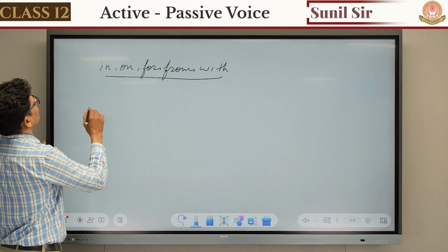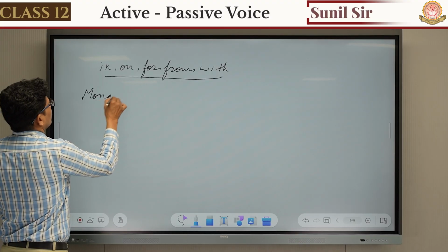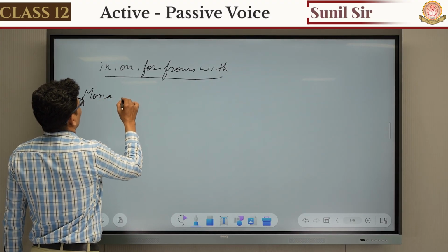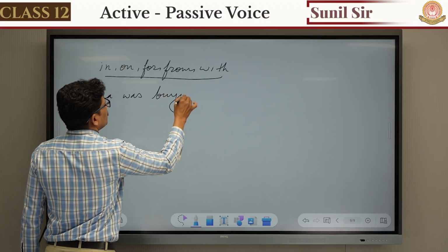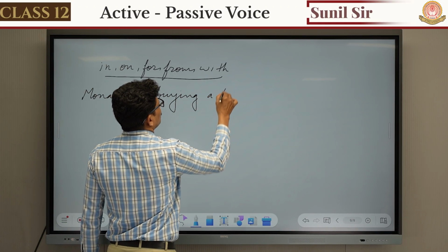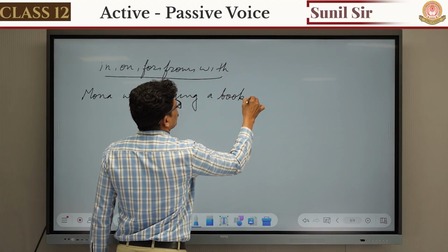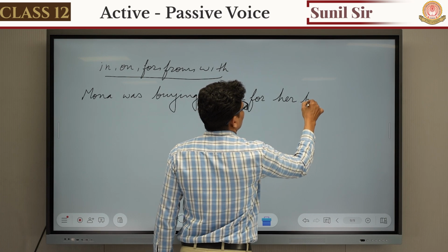For example, Mona was buying a book for her brother.